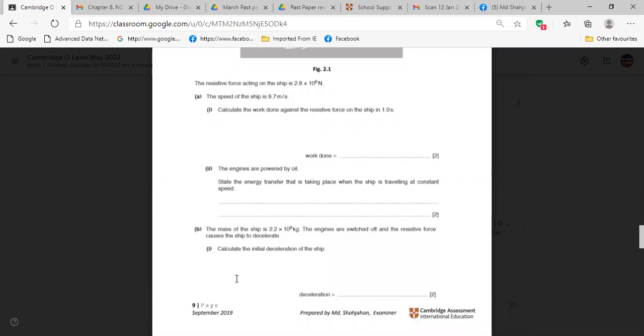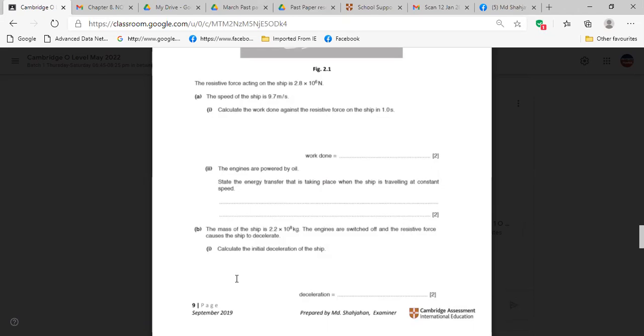Sir, what is the resistive force? If anything is moving, maybe on the ground or on the water, anywhere, it's facing some opposing force of motion, right?